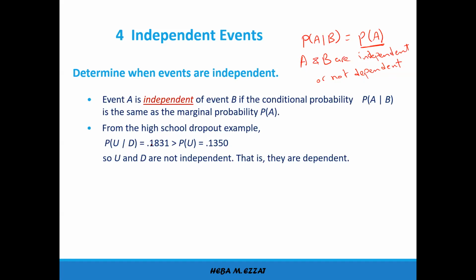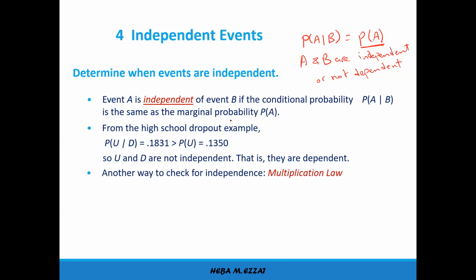Here, as in the previous example, the probability of U given D doesn't equal the probability of unemployment. So we can't say that they are independent. No, they depend on each other, because the information that these unemployed people were high school dropouts changed the probability. So U and D are not independent, or you can say they are dependent.